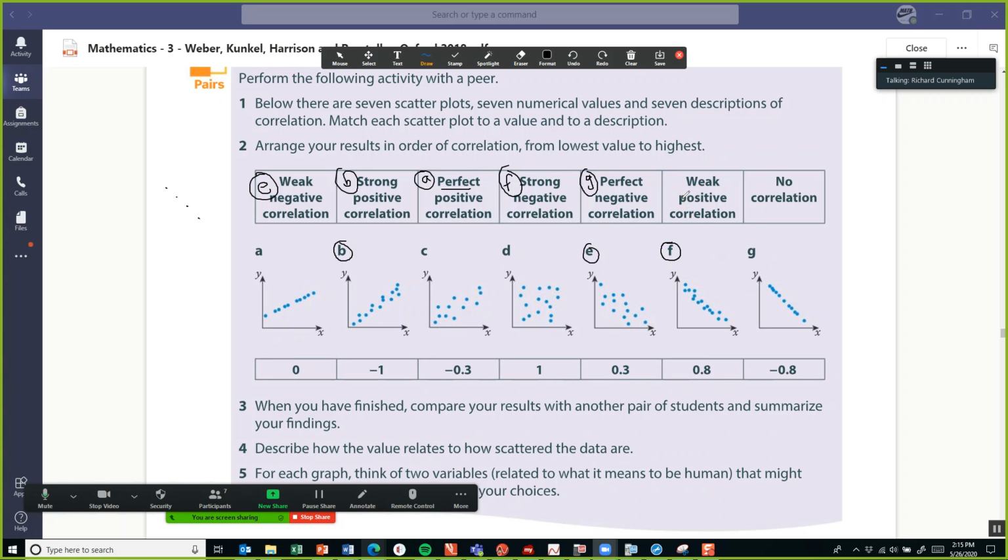What about weak positive correlation? Type in for me which one would be a weak positive correlation. There's only a couple left to pick from.